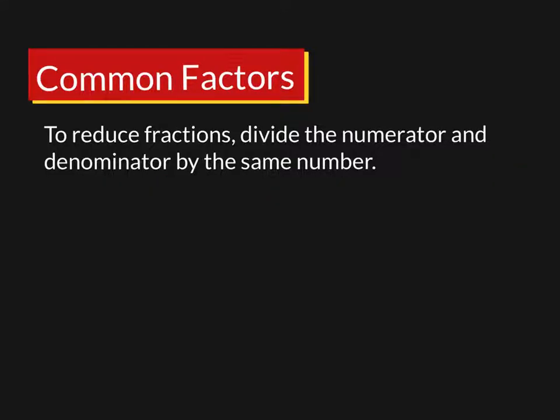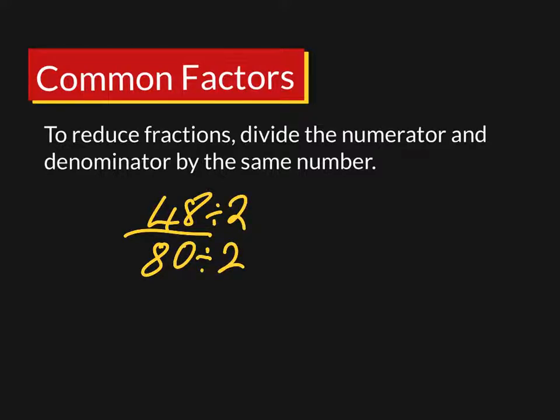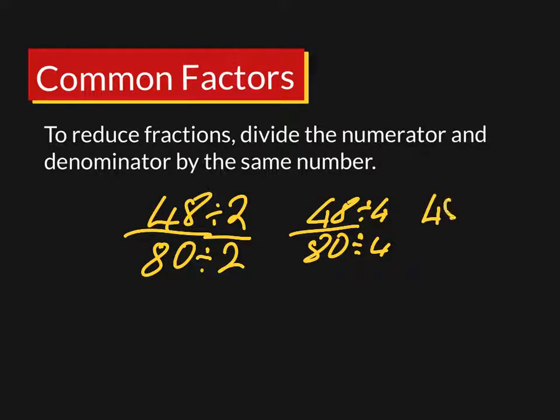So for example, we have our fraction 48/80. Using divisibility rules, we can see that these are both even numbers, and so they both would divide evenly by 2. And we could also see from divisibility rules that 48 and 80 would divide evenly by 4. And then using my knowledge of the times table, I know that 6 times 8 is 48, and 8 times 10 is 80, so they're both divisible by 8.